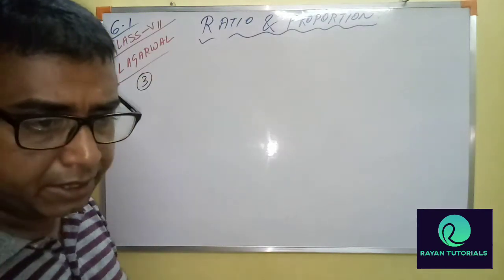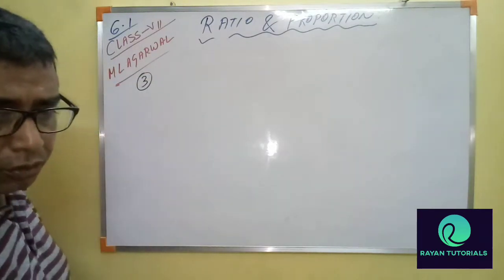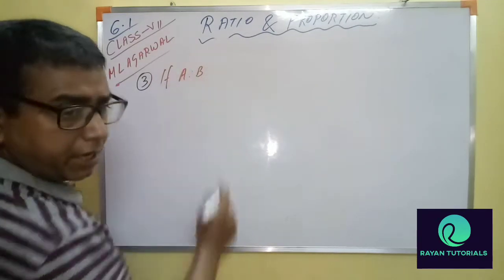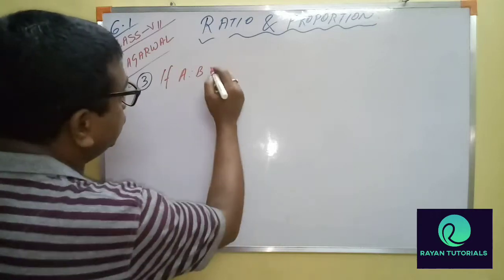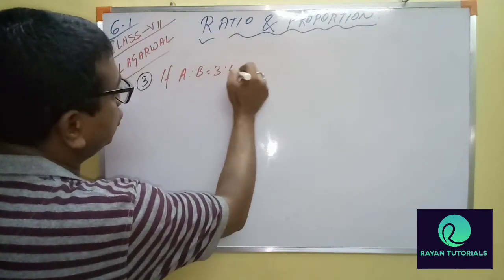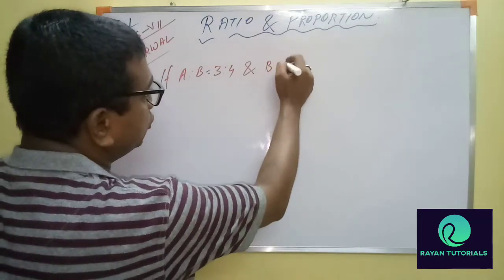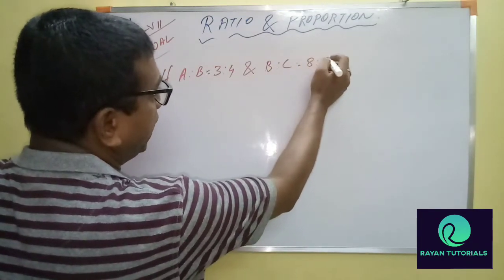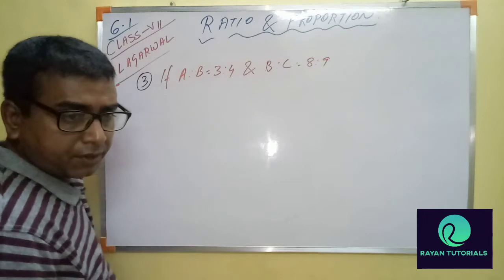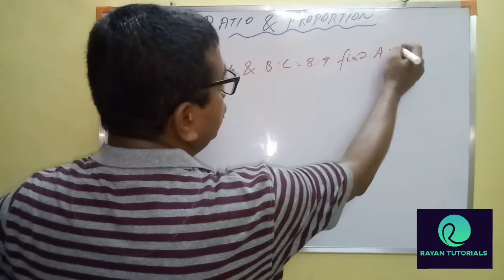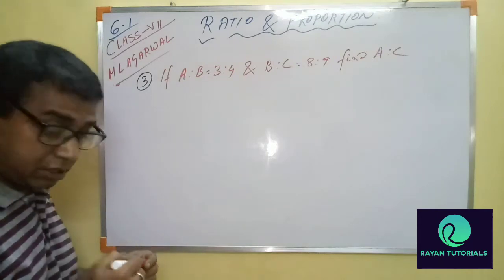Number 3, they have told you that if A is to B equals to 3:4 and B is to C equals to 8:9, find A is to C. Good.